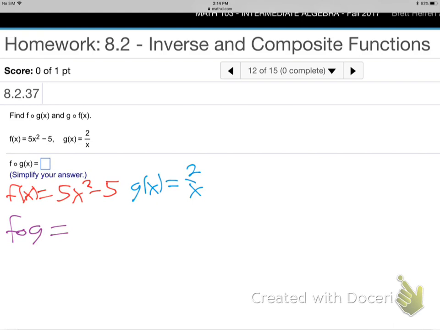Which way do we plug functions, right to left or left to right? How does it always go? Right to left. Right goes in the left. Put the g into the f.